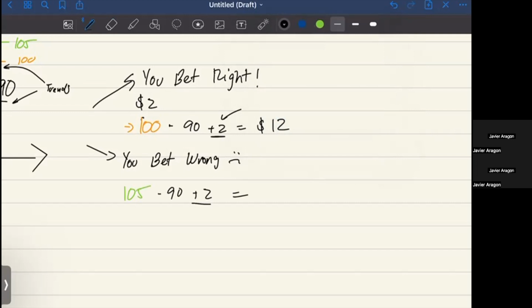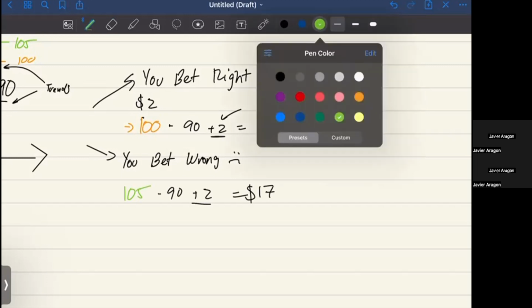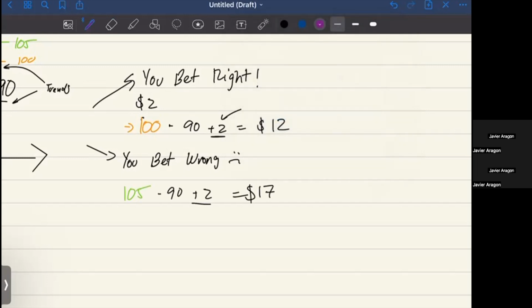So you're still making a $17 profit per stock. But the bad thing here, and the main cost, is your opportunity cost.